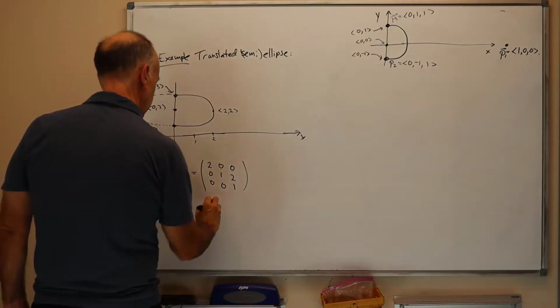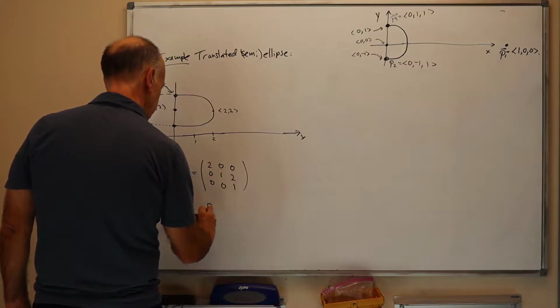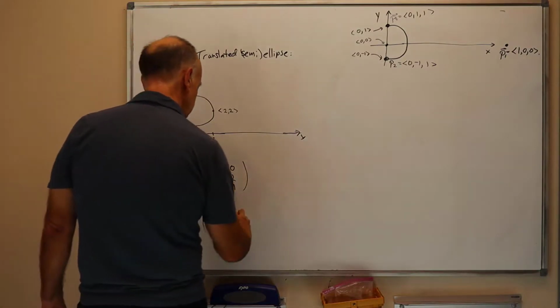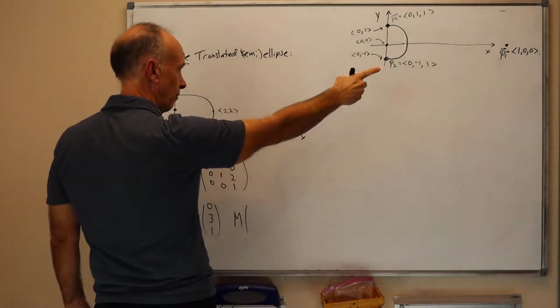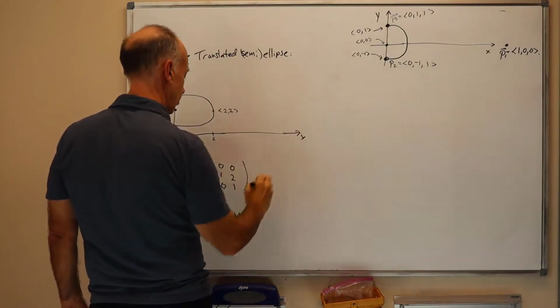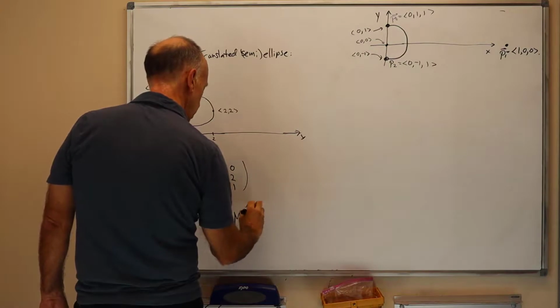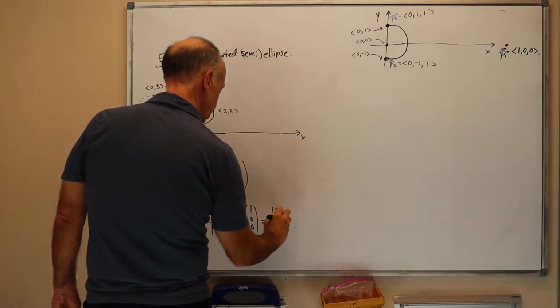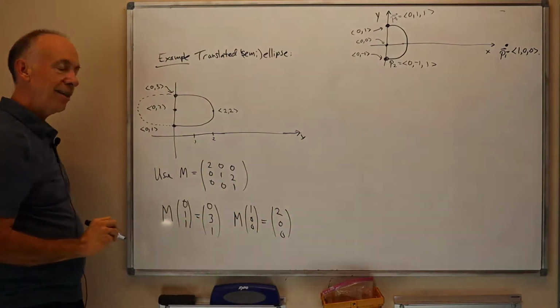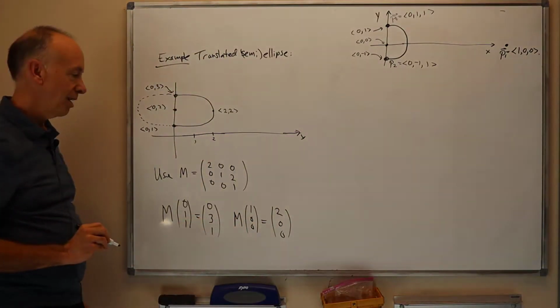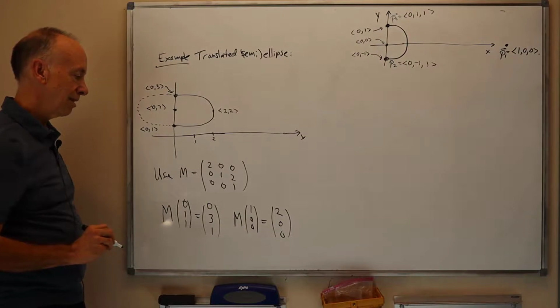(0, 1, 1), is equal to (0, 3, 1). And M applied to the point at infinity, P1, which was (1, 0, 0), turns out to be (2, 0, 0). So by scaling in the x direction, we also change the middle control point by the same factor.